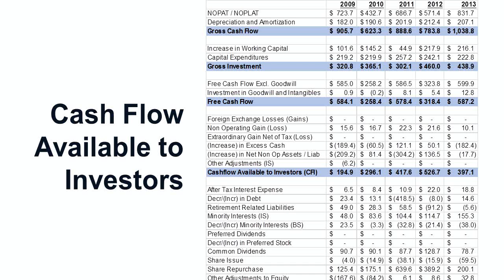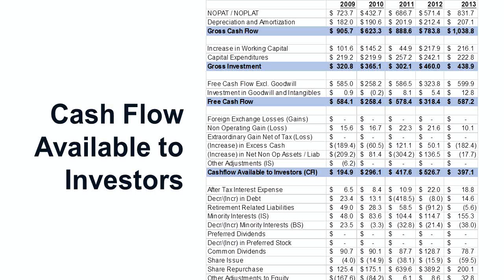Now we're going to look at the cash flows available to investors by Fluor. Fluor had cash flows of $4.2 billion over this 5-year span, with investments of $1.9 billion, giving them a reinvestment rate of 45%. Similarly to the market, their gross cash flow fluctuated because of this volatility.